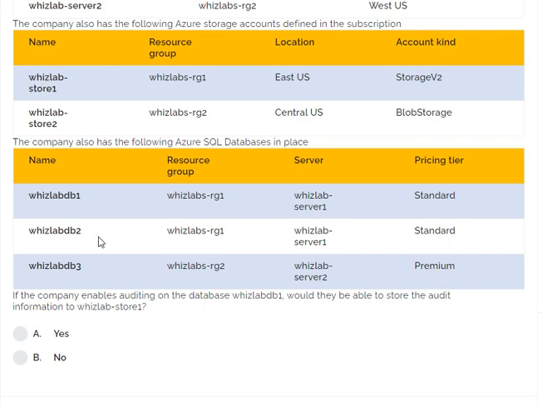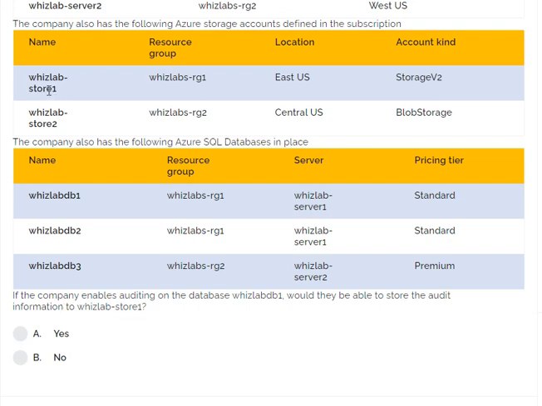This type of question will come with respect to locations. Auditing can be done if we have the same location for the database as well as for the storage.